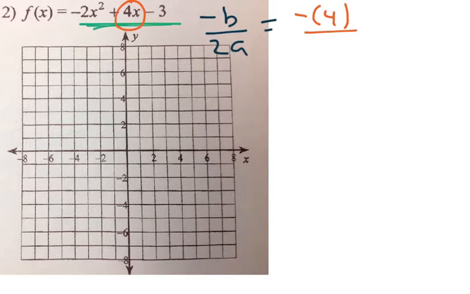And the a is always your x squared coefficient. So in this case, it's negative 2. And so watch those negatives, because notice I do have a negative of a 4, and I do have 2 times negative 2. And I get a 1. Positive 1, not negative 1, positive 1, right?